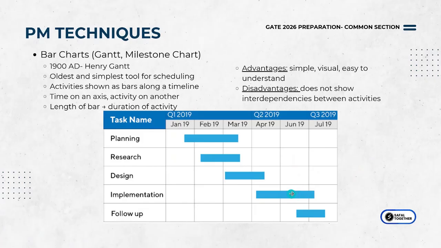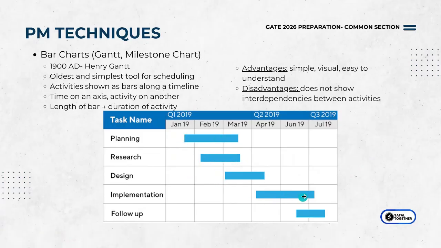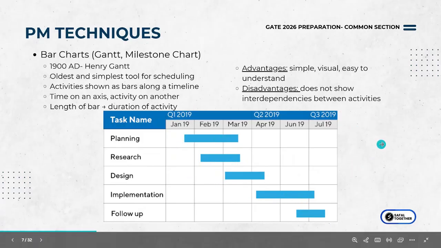However, I can't understand the interdependencies between these activities, which is one of the major disadvantages. How does planning affect research? How does research affect design? None of that is visible in this particular chart because all of these are parallel lines. They look like they're independently functional, which becomes an issue for us.